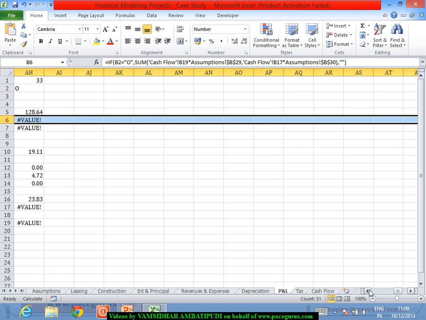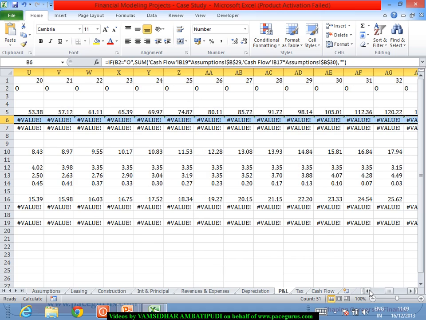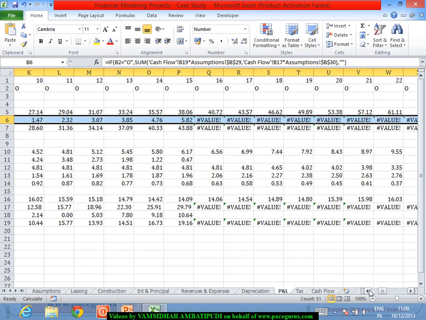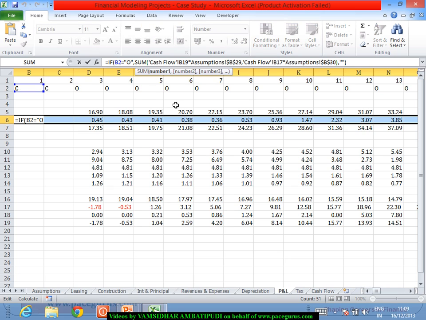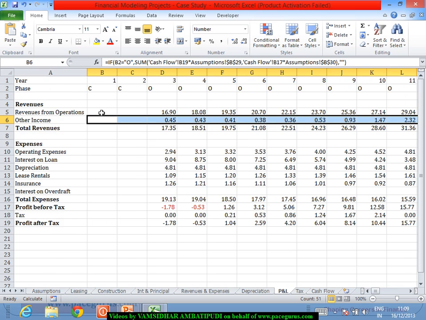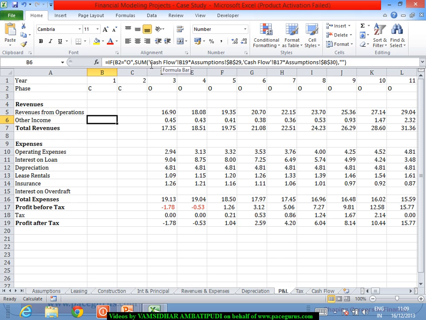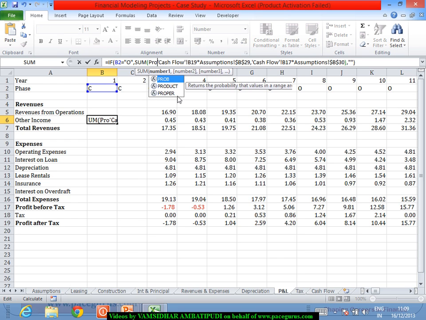Probably, yeah, there is a hash value error coming up at all the places. So even the multiplication sign must be creating a problem. So let's try to address it. That's something we have to be slightly careful of. Instead of using the multiplication sign, I could have simply used the product formula. There is a small difference between the usage of these two things.